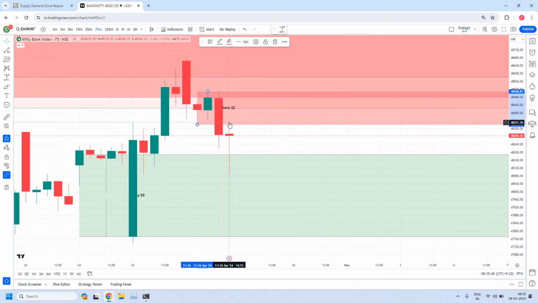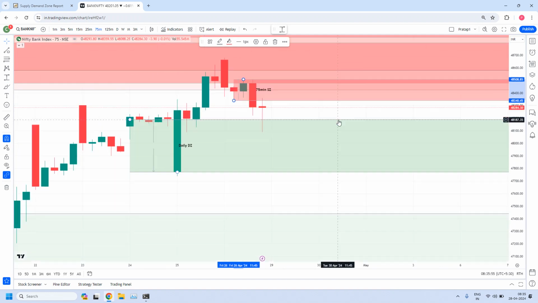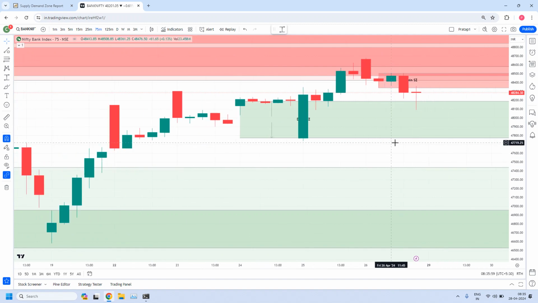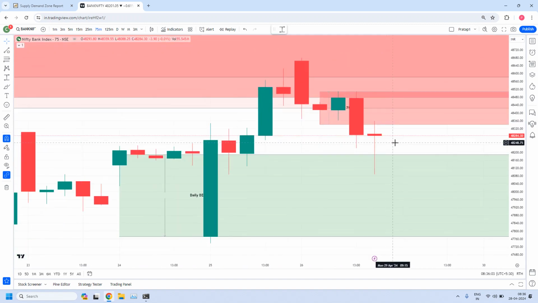And from here it picked up the orders and then came down and again moved up. First you see the push from here. From here to here prices went and finally it closed here. So in this demand zone some order flow is there somewhere here.